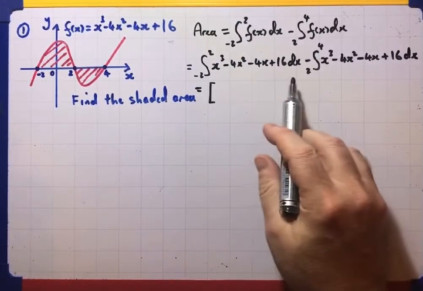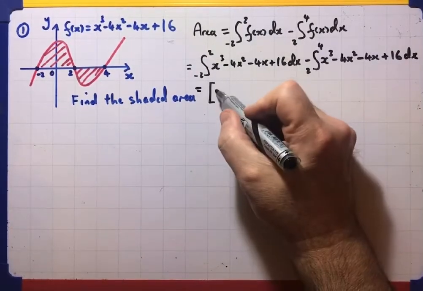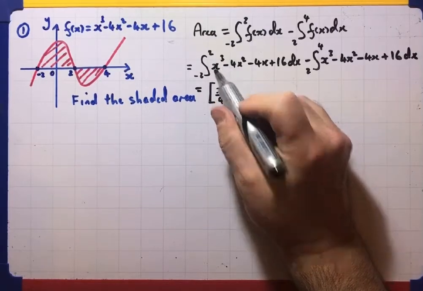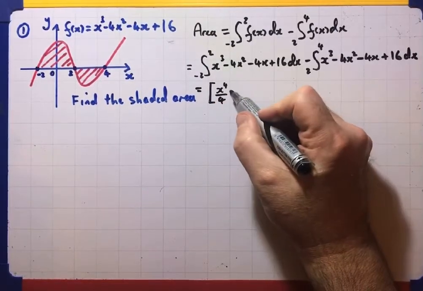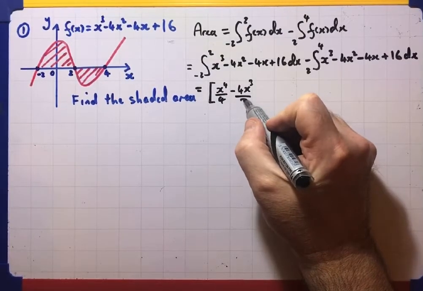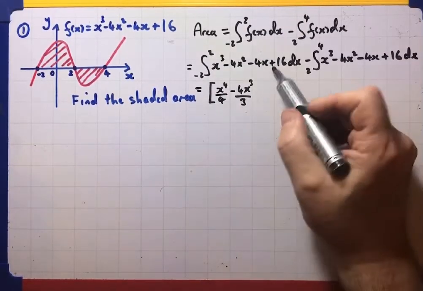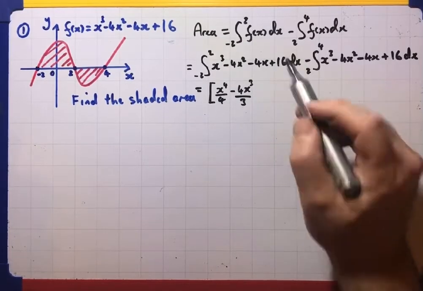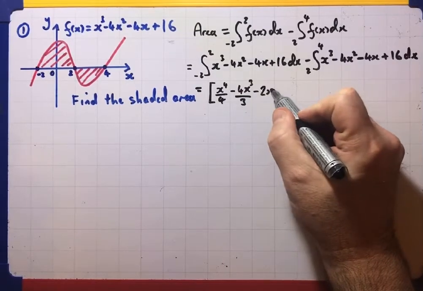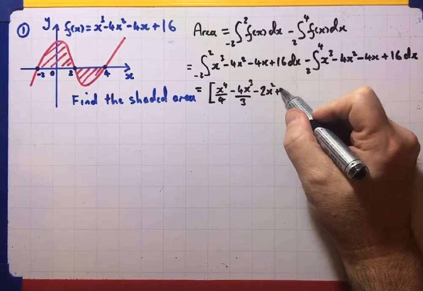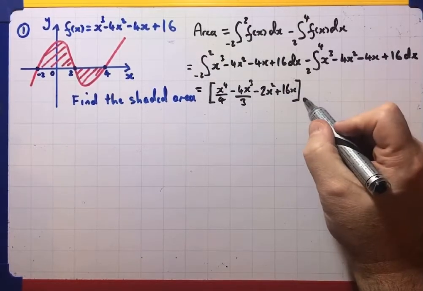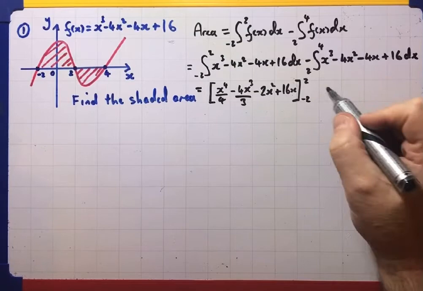If we integrate that, we're going to get x to the 4 over 4, because it goes up by 1, divide by the new power, minus 4, increase the power, x cubed, divide by the new power, which is 3. This will become x squared, and if you divide 4 by 2, you're going to get 2, so minus 2x squared, plus, and a number term becomes an x term, so 16x, and that's between -2 and 2.